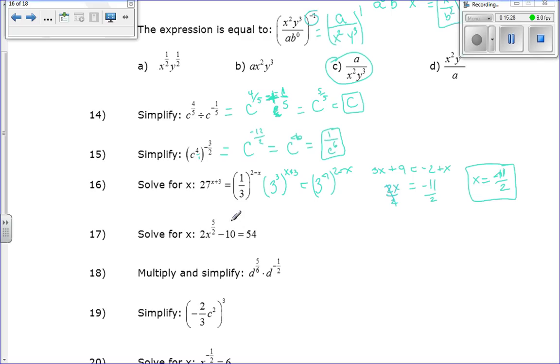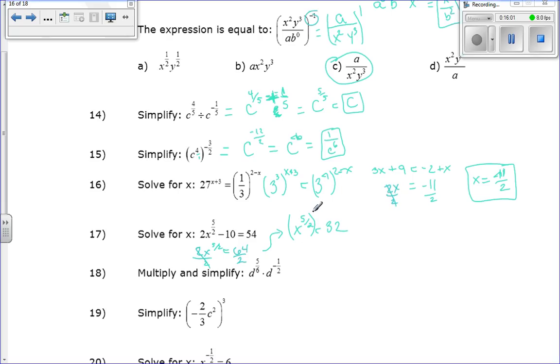Number 17, my unknown is going to be base, so I need to get the base alone. First thing I'm going to do is add to both sides, so I'll get 2x to the 5 halves is equal to 64. Then divide both sides by 2, so we will have x to the 5 halves equals 32.